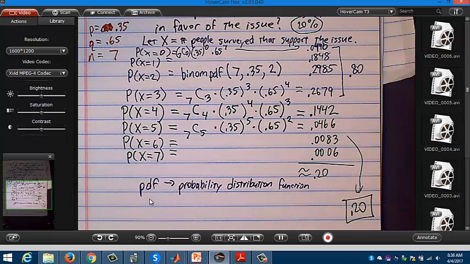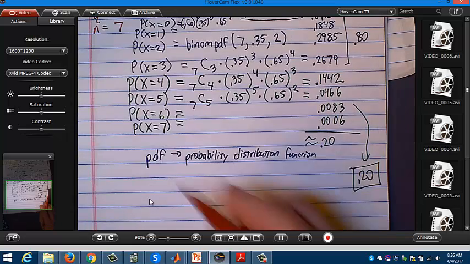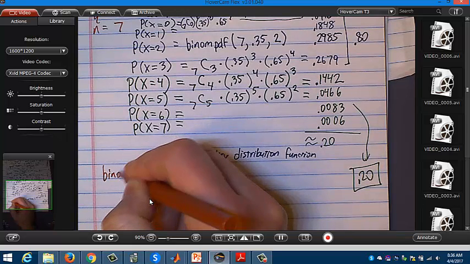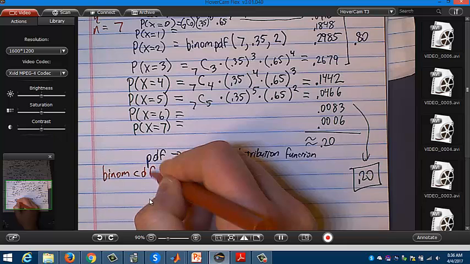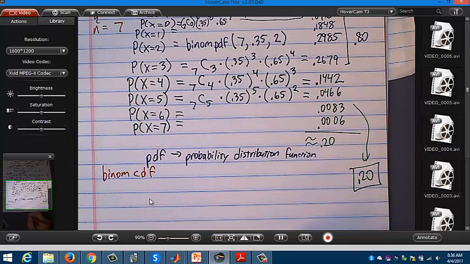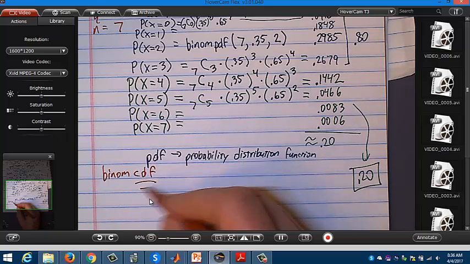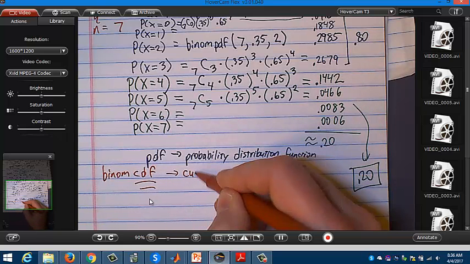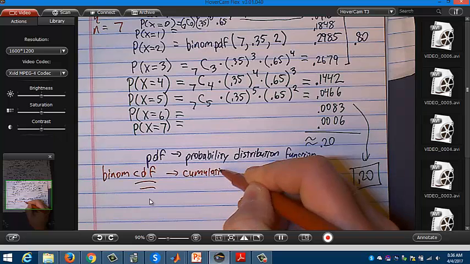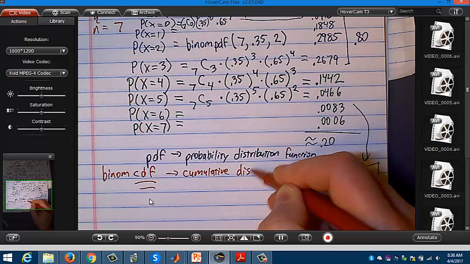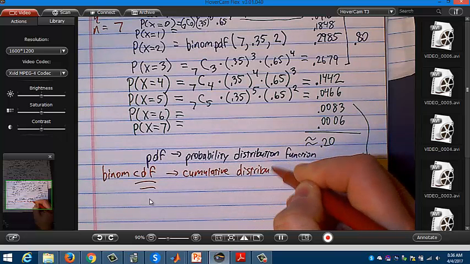There's a command on the calculator called binom CDF. Now, what's the difference between PDF and CDF? CDF stands for cumulative distribution function.